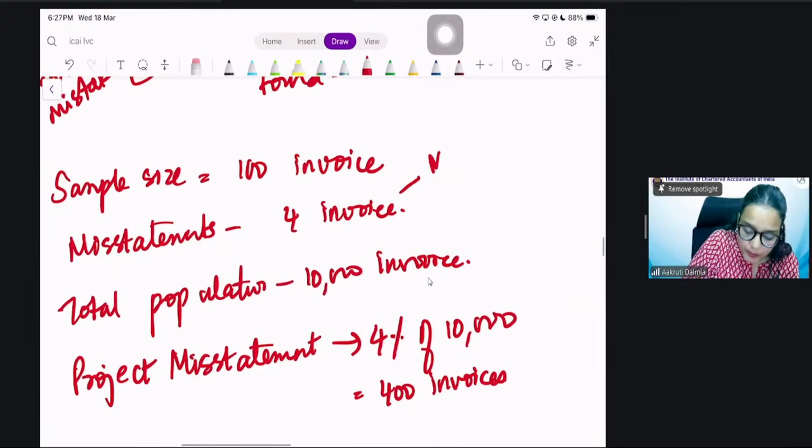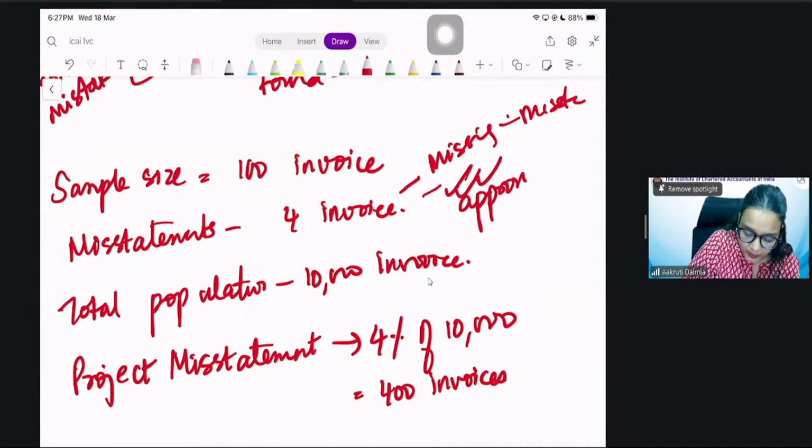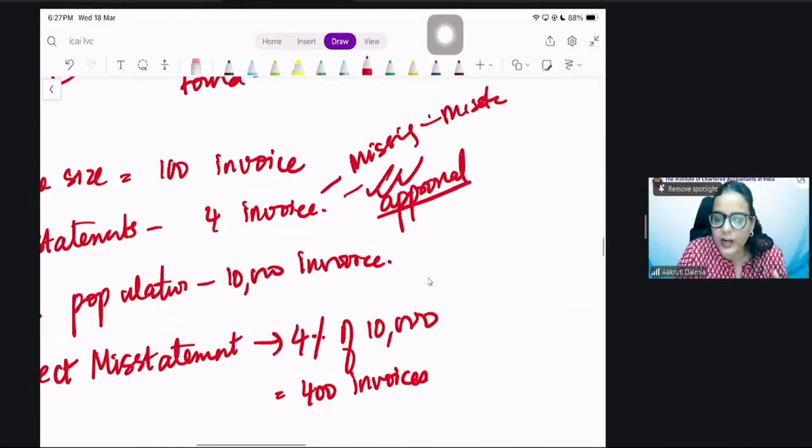Suppose invoices were missing, it's a bigger problem, which means there can be misstatements. But if all invoices were available, but approvals were missing, did we find a problem in the test of details or in the test of control? Where did we find the problem?